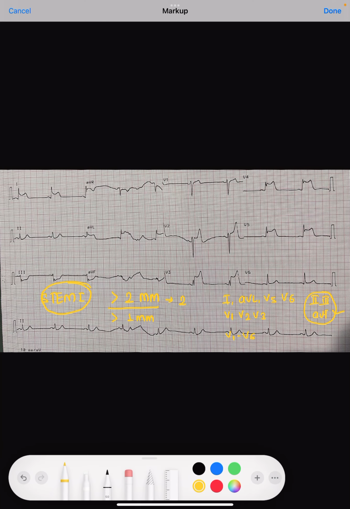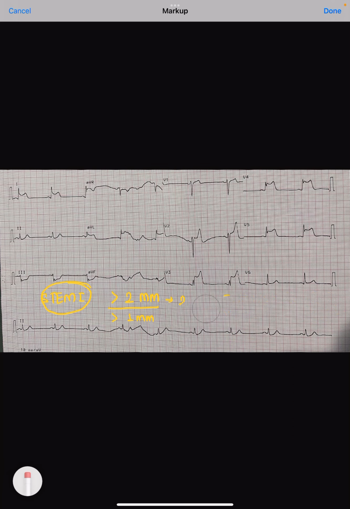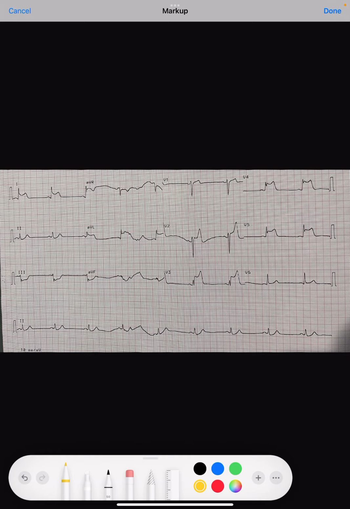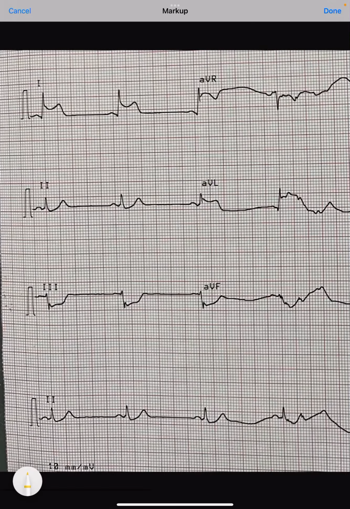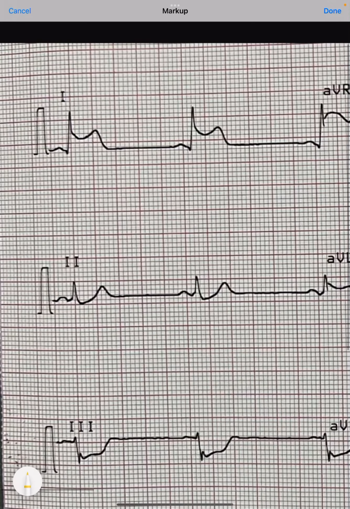Okay, coming back to our ECG. Let's see what ST elevation actually is, looking at lead 1. Whenever we call something an elevation, we need a baseline, so we simply follow this baseline.